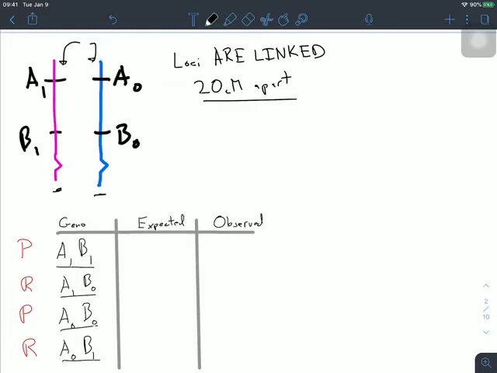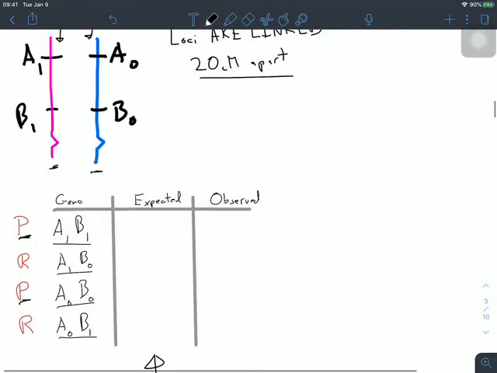So we keep our consistent situation here with the 1 subscripts connected together being parental and 0 subscripts connected together being parental. And then when we mix and match 1s and 0s, those are our recombinants. So that gives us the ability to figure out how many we are expecting of each class, assuming they are 20 centimorgans apart.